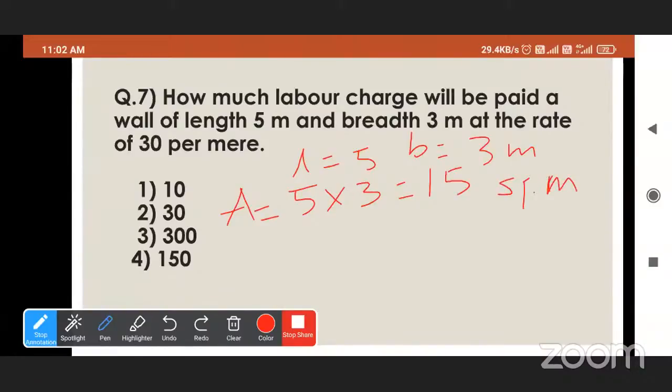See, and the rate given is rupees 30 per meter.